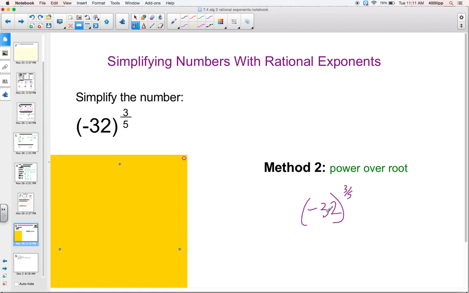My power is a 3, my root is a 5. 5th root of negative 32 to the 3rd power. The 5th root of negative 32 is negative 2, and then we cube it. Negative 2 cubed is negative 8, because negative 2 times negative 2 times negative 2 is negative 8.